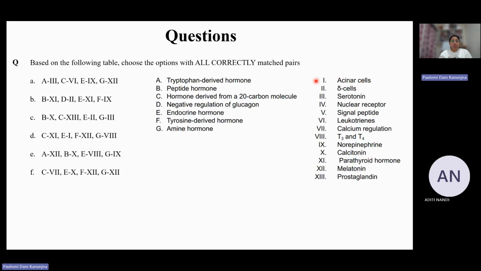Okay, a very interesting question. You have several types of hormones on your left side and the cells and hormone names on your right, and there are several matched pairs. Which of these are correctly paired? Take your time, look into the answer. It's not very difficult.